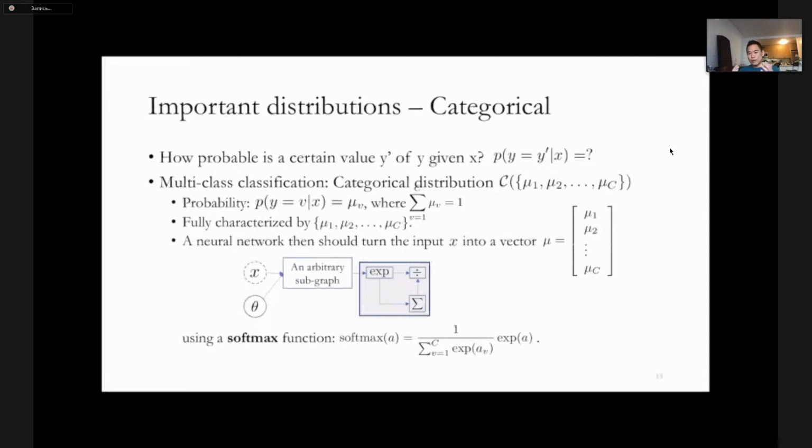So you end up with numbers that are strictly positive, and they all sum to 1. So softmax is going to be the activation function we are going to use in natural language generation in order to describe the distribution outputted by this neural network.